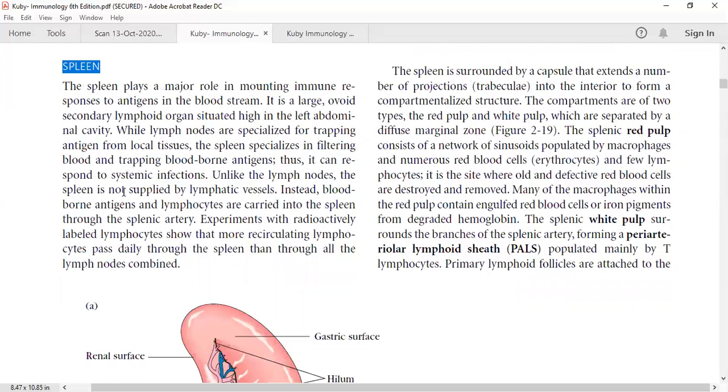Unlike the lymph nodes, the spleen is not supplied with lymphatic vessels. Now why is that? Because lymph nodes get lymph supply and have lymphatic vessels, but in the spleen no such lymphatic vessels are present. They have a blood supply. Instead, the blood-borne antigen and lymphocytes are carried into the spleen through the splenic artery.